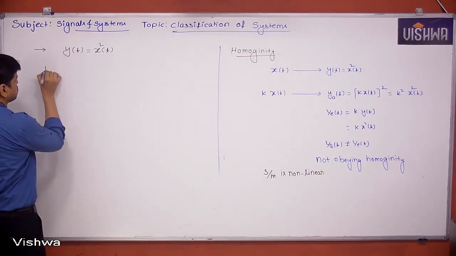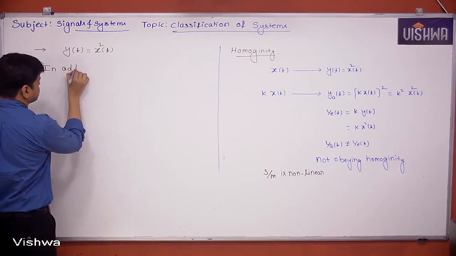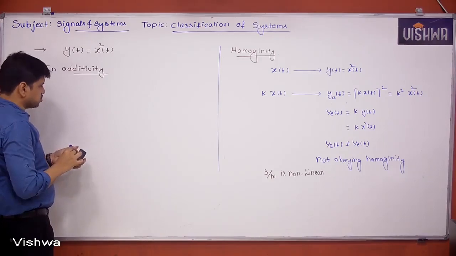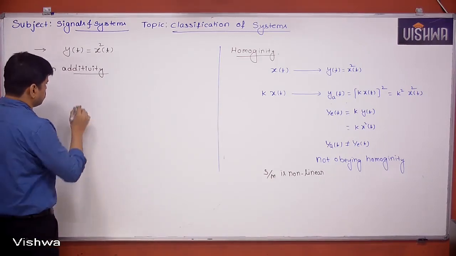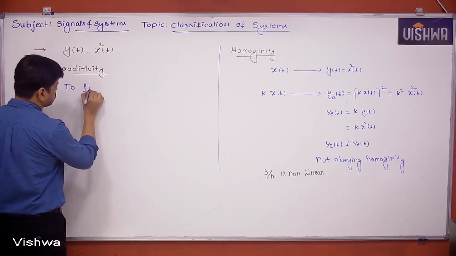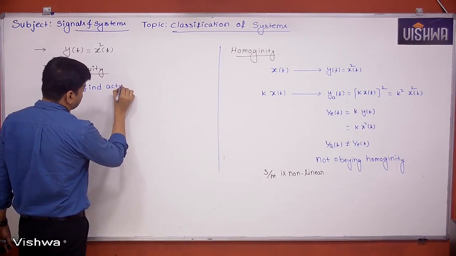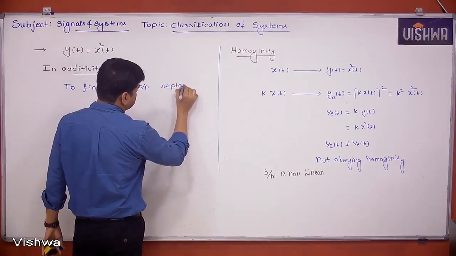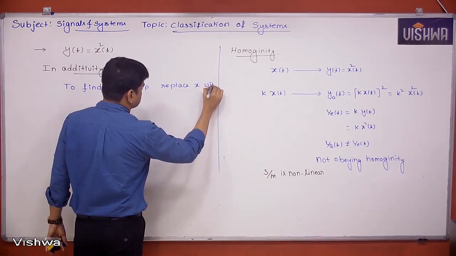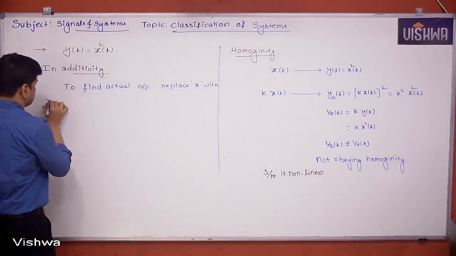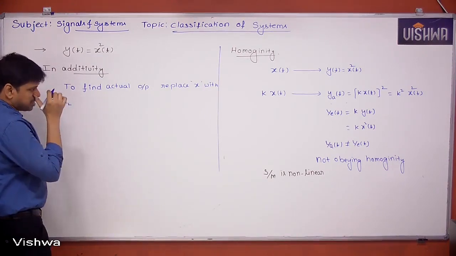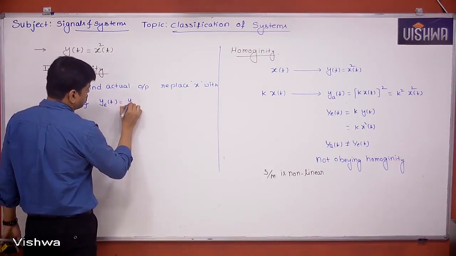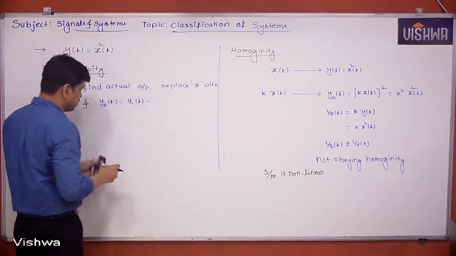To check for additivity, whether the principle is satisfied or not, what I am doing, listen: to find the actual output, replace x with x1 plus x2, and the expected output y of t is equal to y1 of t plus y2 of t.